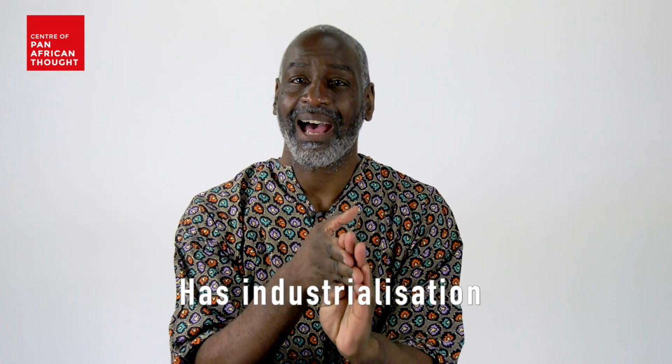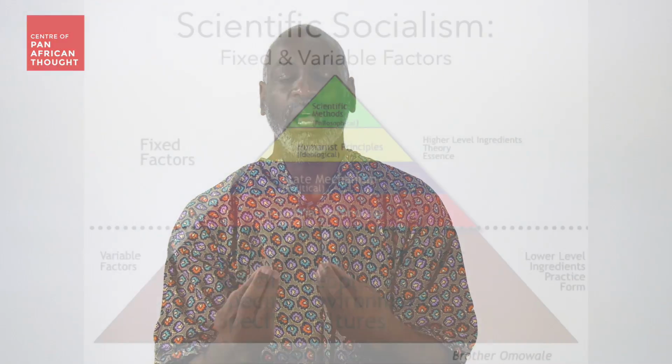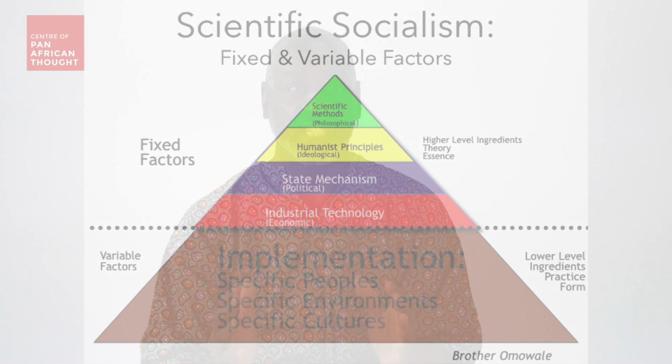And economically, it must have industrialization. So those ingredients that I mentioned, the philosophical, the ideological, the political and economic, are fixed. Those are the fixed ingredients of scientific socialism.